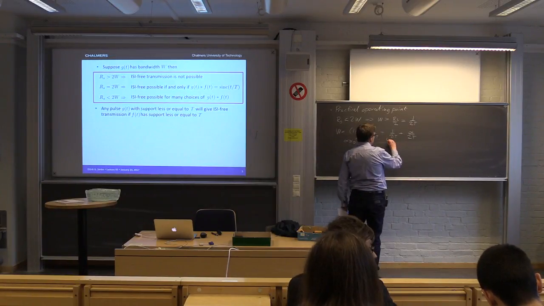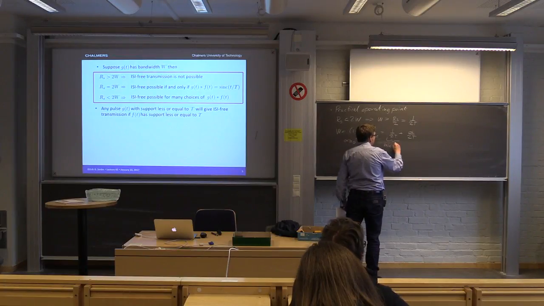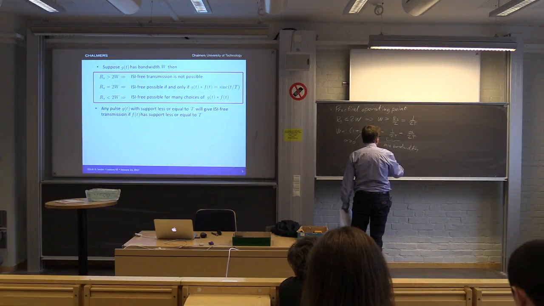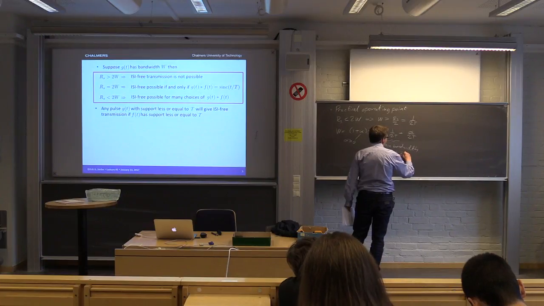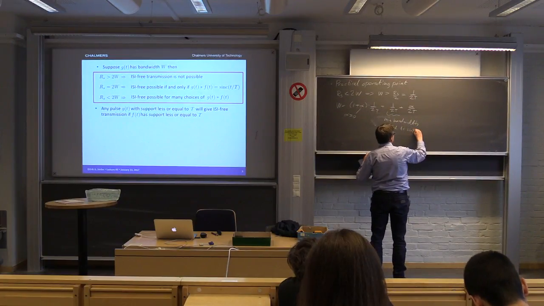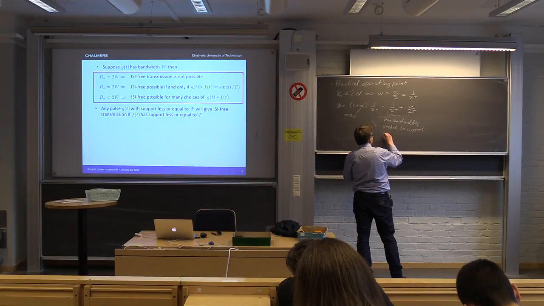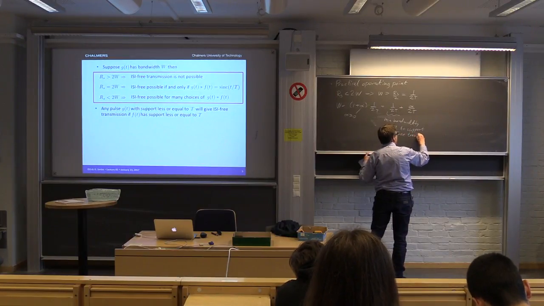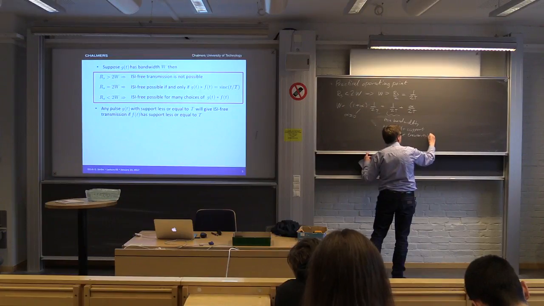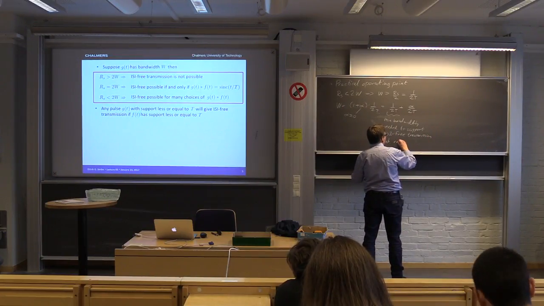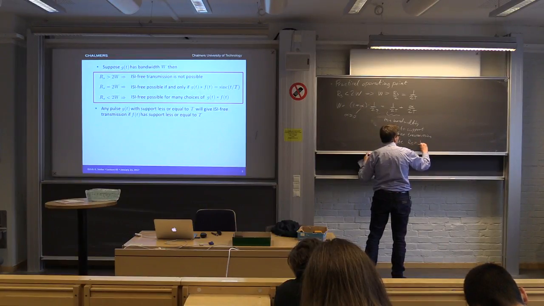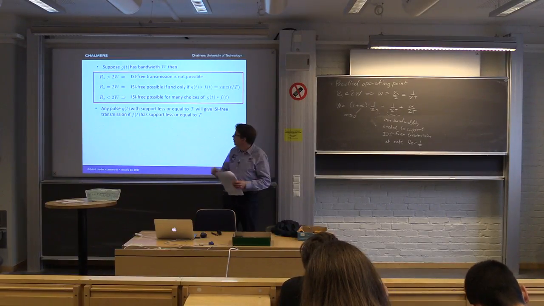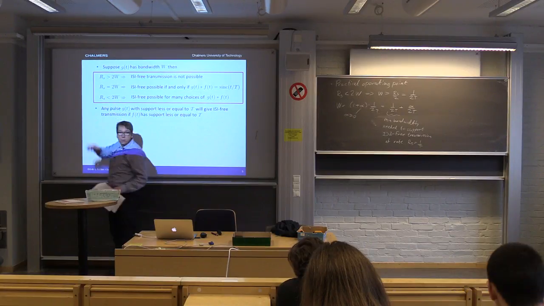So 1 over 2T here is the minimum bandwidth needed to support ISI-free transmission at rate RS equals 1 over T. That's basically just this condition here.